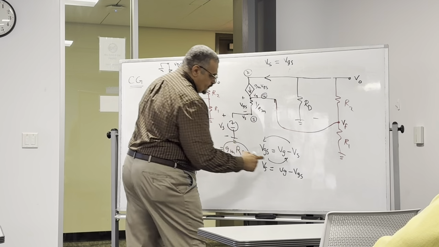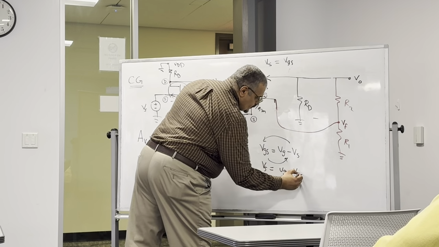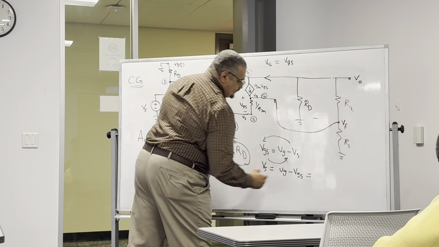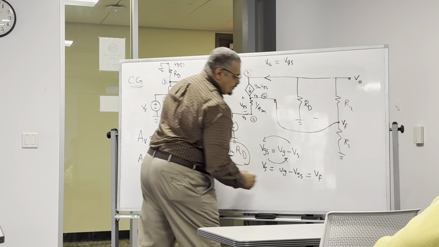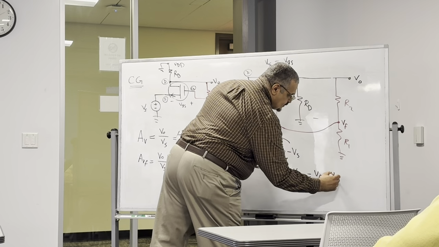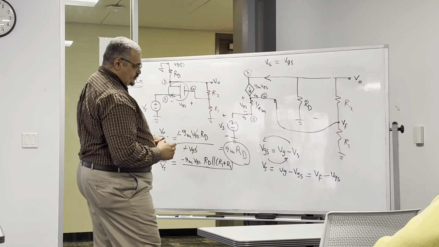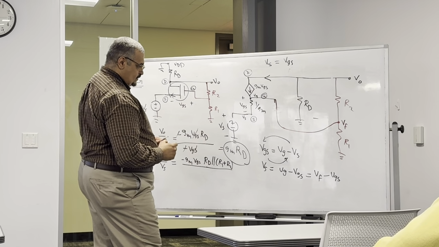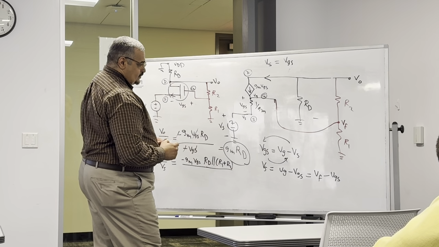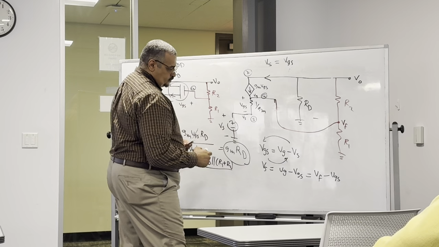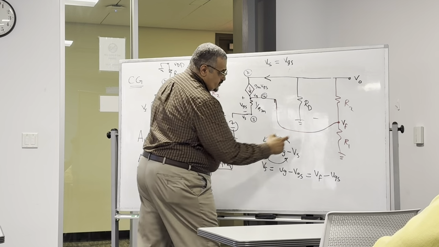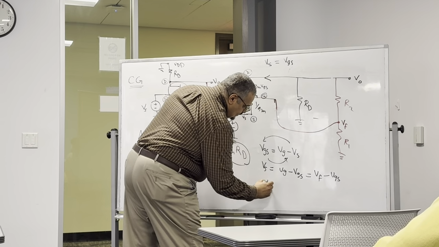Okay. Which is VG, we said it's VF, minus VGS. Right? And what's VF? Voltage division.